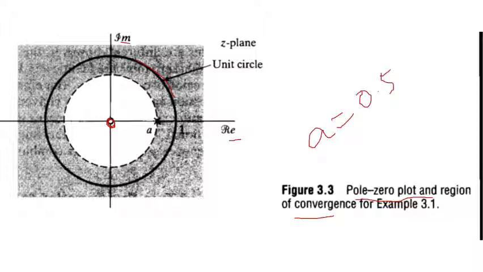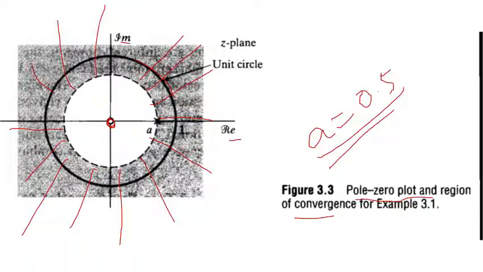So this is 1, this is 0.5. So if the value of a is 0.5, you can see that we can choose any value that is greater than this. So the sequence will converge.